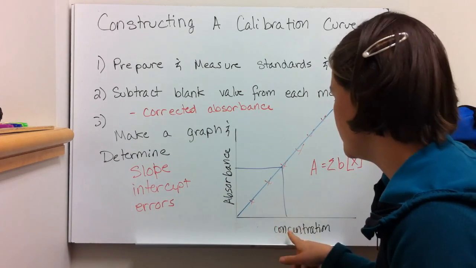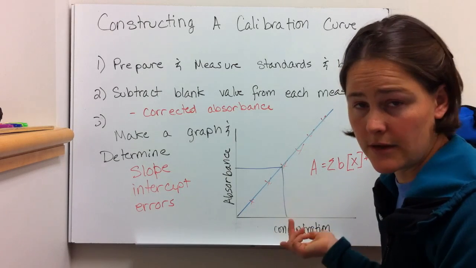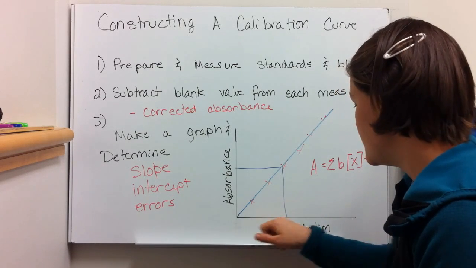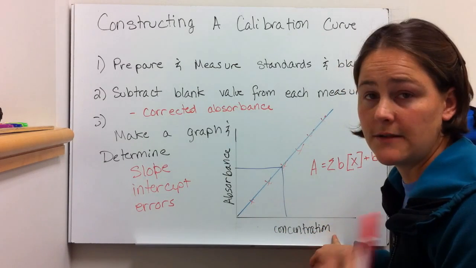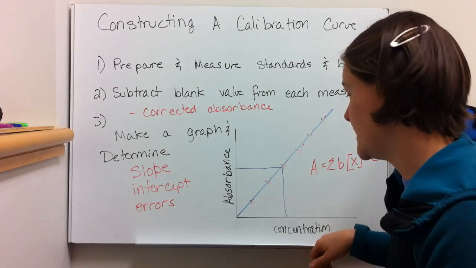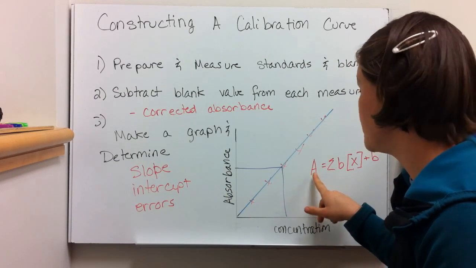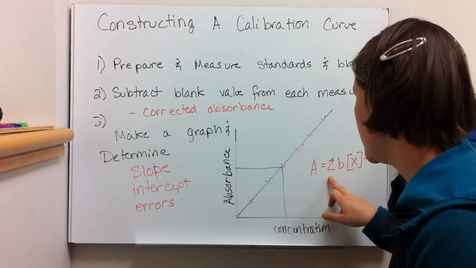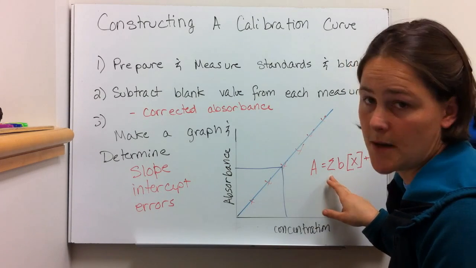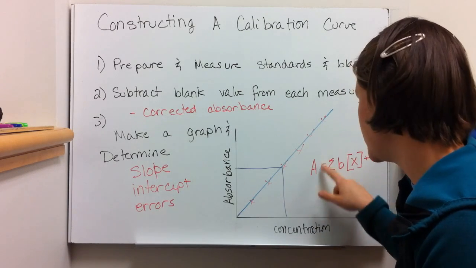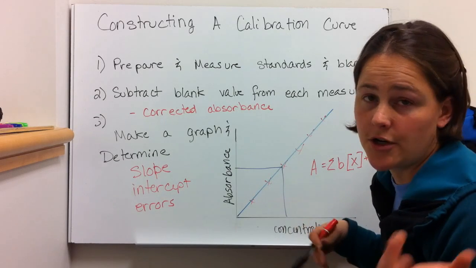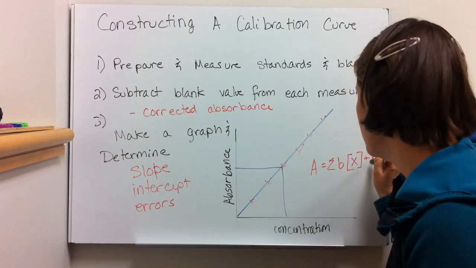Now we can put labels other than x and y on these axes. You make a bunch of different solutions at different concentrations of whatever you're measuring, and then you measure the absorbance. And so you come up with an equation of absorbance equals the molar absorptivity times the path length, which is basically m, times the concentration of whatever you're looking at, x, plus b.